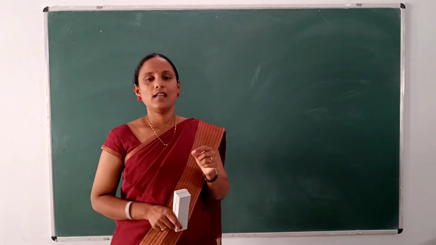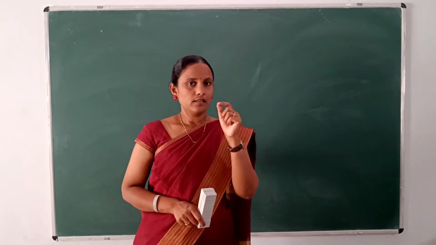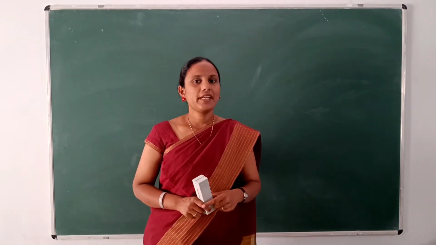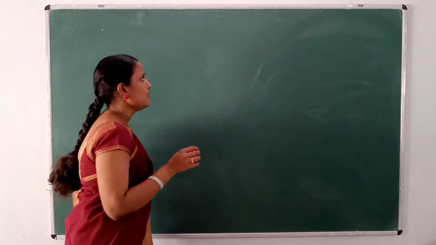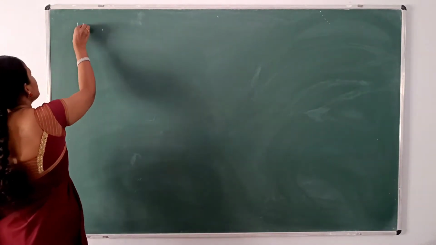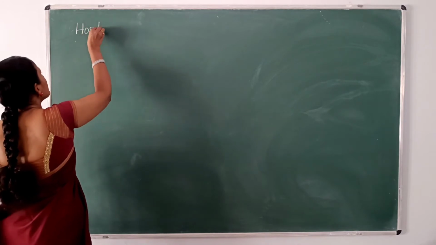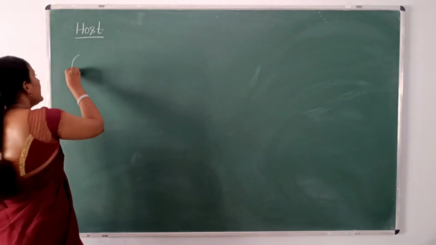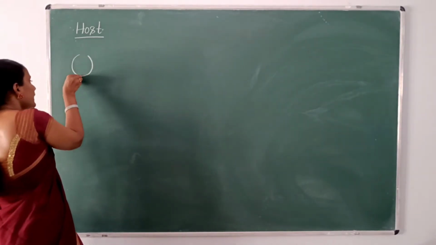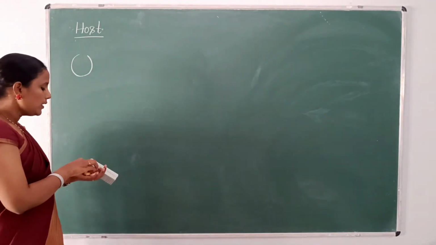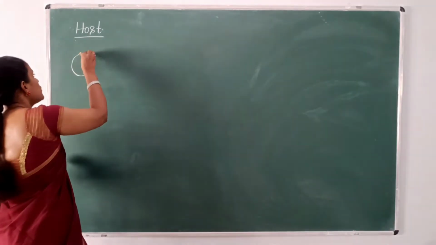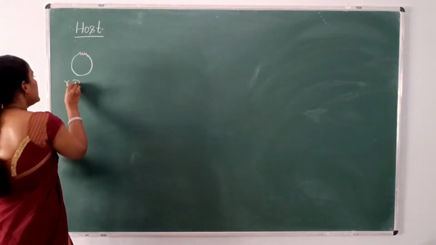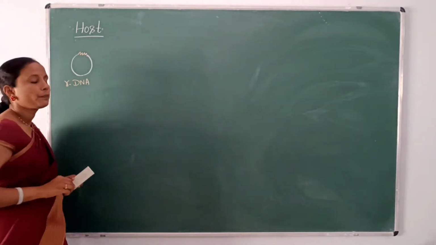In this class, let us discuss the next requirement or the tool in recombinant DNA technology, that is the host. That means whenever we have created a recombinant DNA, here it is a vector, to this vector we have attached the gene of our interest and now it is called recombinant DNA.